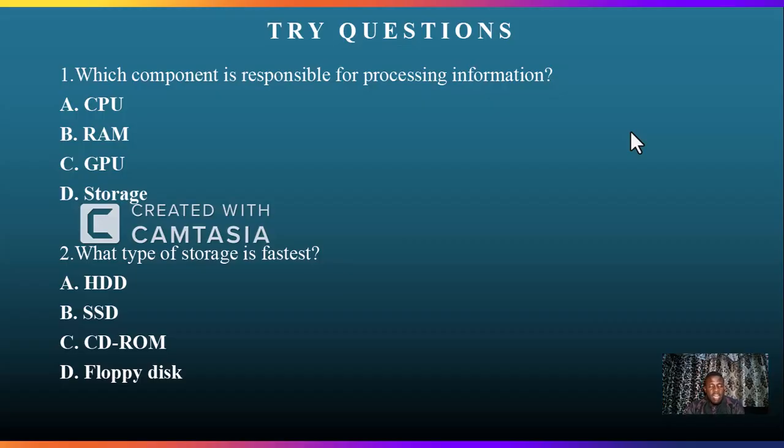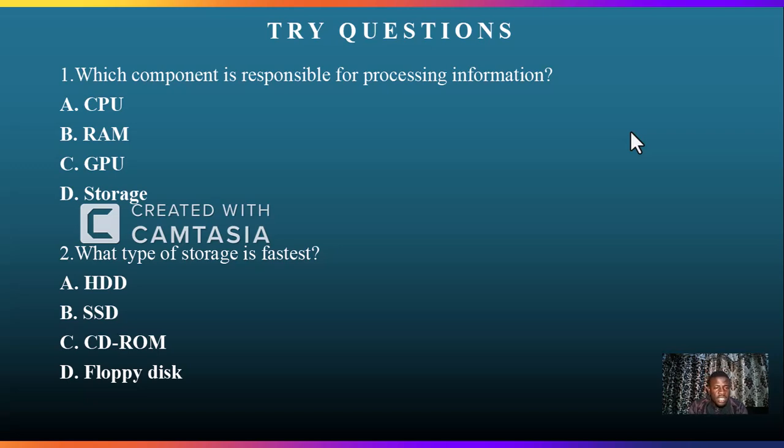These are some try questions to test your capabilities and elicit your performance. 1. Which component is responsible for processing information? With some multiple choice, you can choose your own answer and see if you are right. Number 2, what type of storage is fastest?